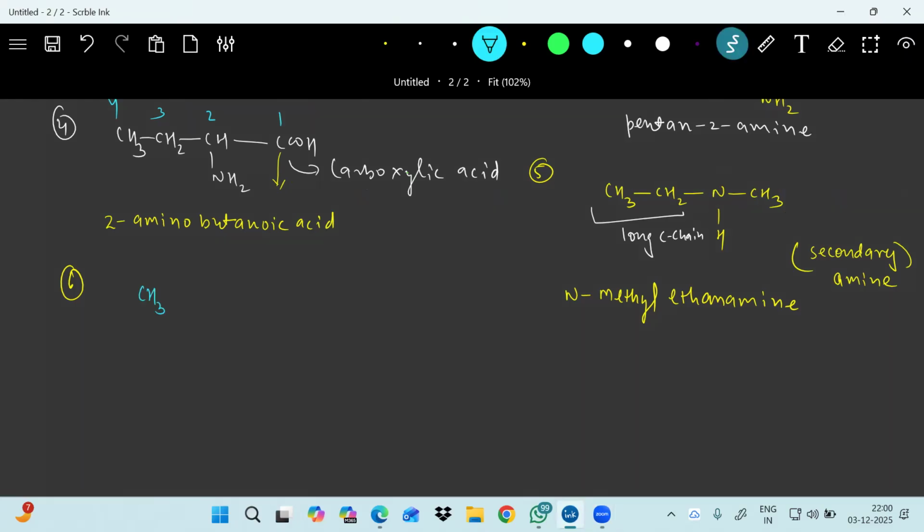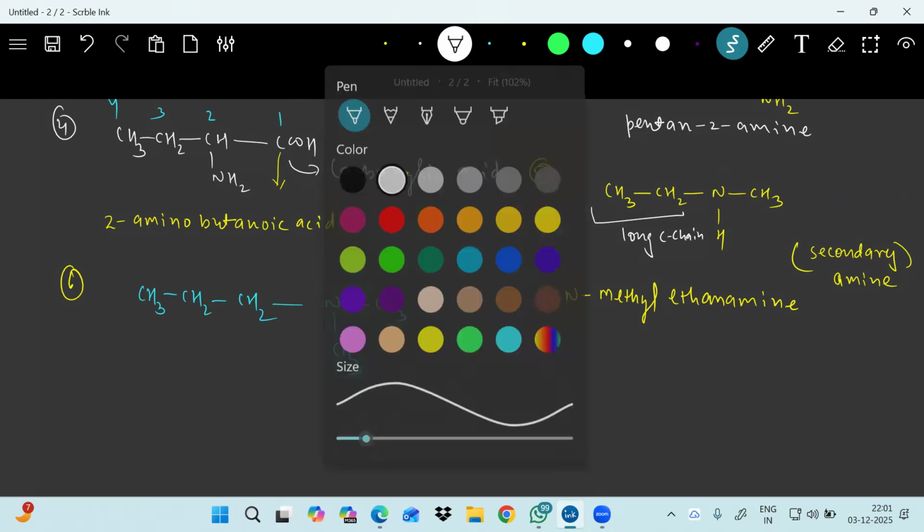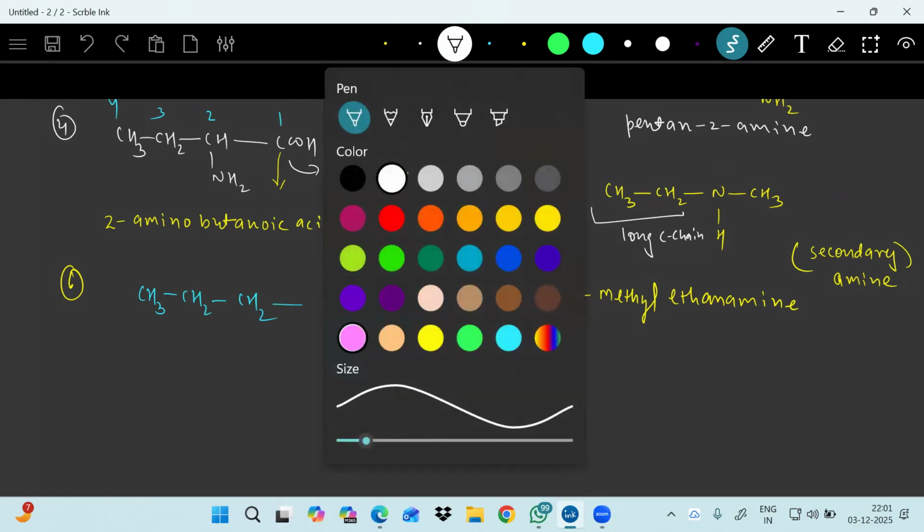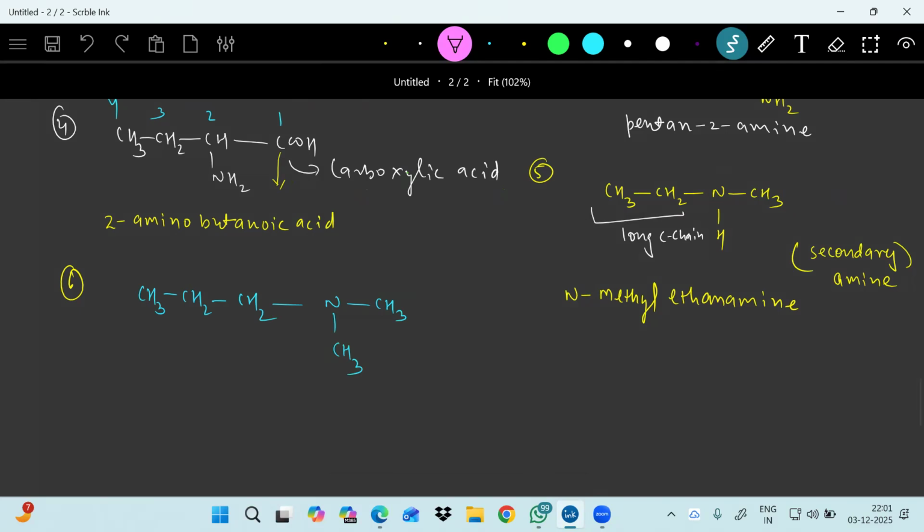Suppose I write CH3, CH2, CH2, and here NCH3 and here another CH3. You can see two CH3 groups attached to the amine, so these will be the side chains. This is N-methyl, and this is also N-methyl.